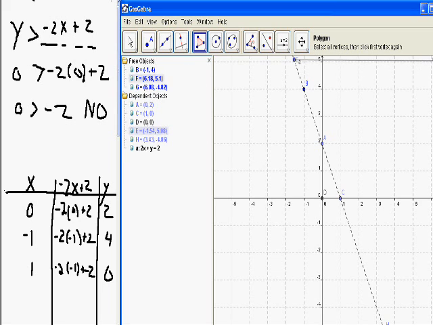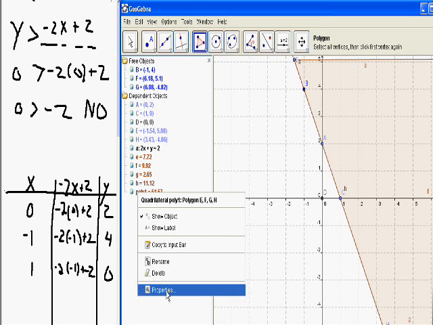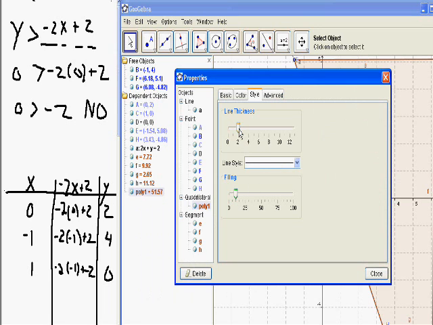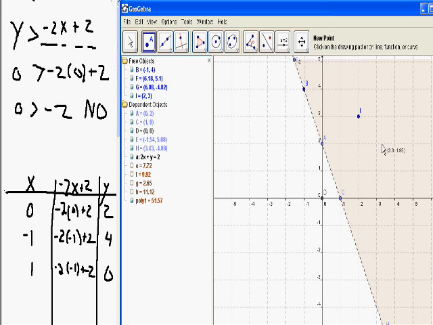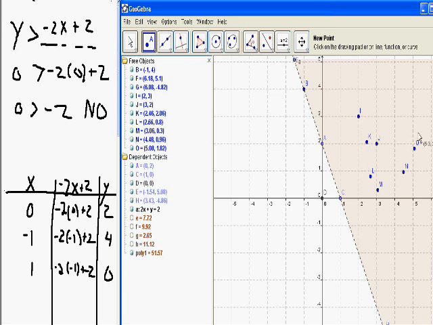Let me try that one again. There we go. So the shading goes off to the right with a dashed line. And now you can see my dashed line, and all these points off to the right are part of my solution set.